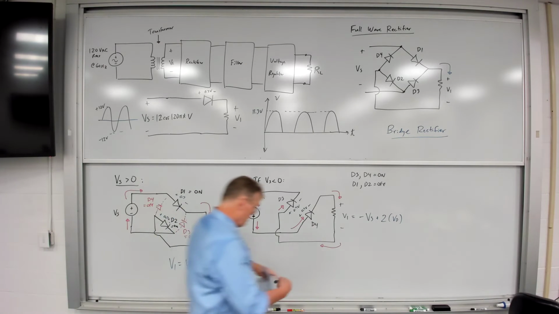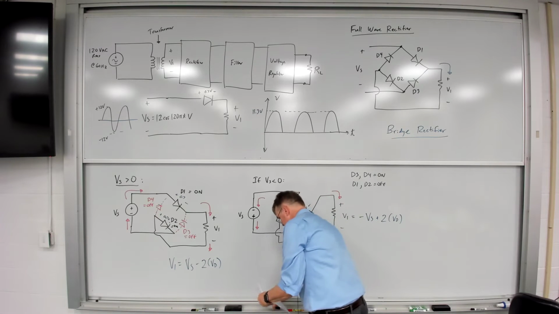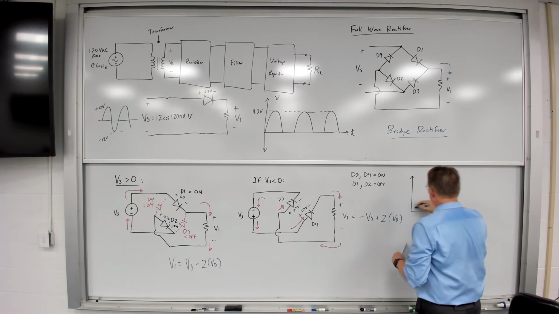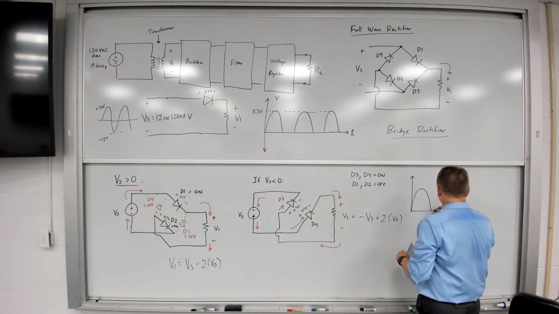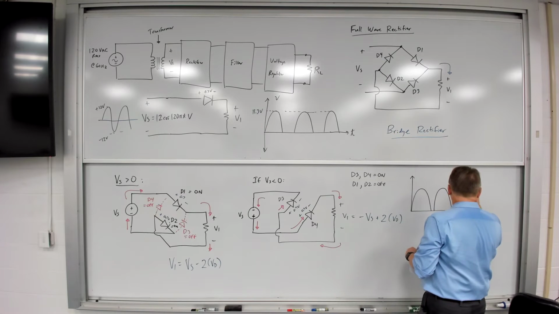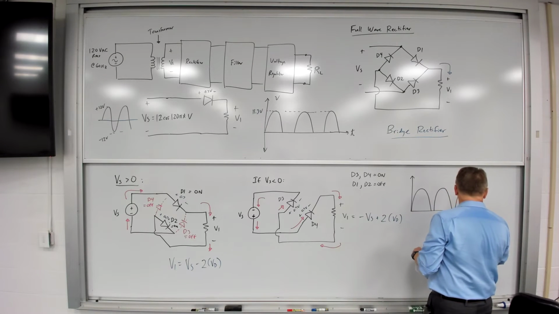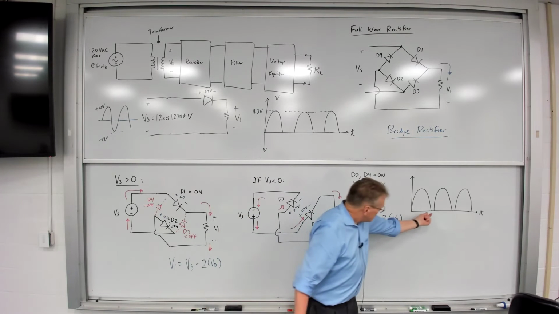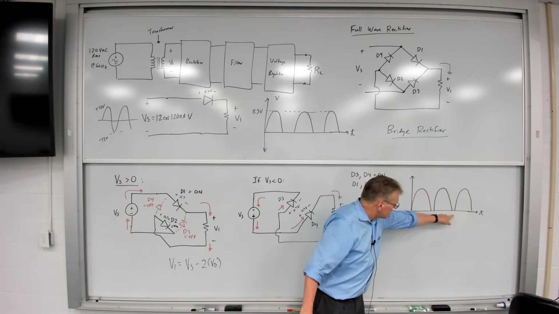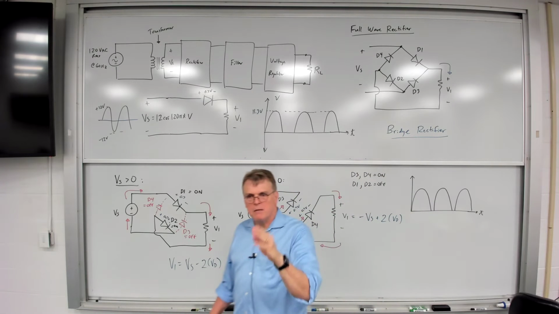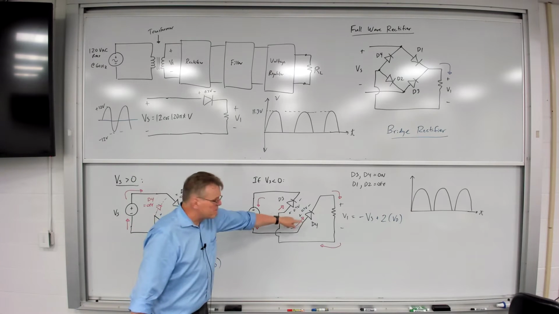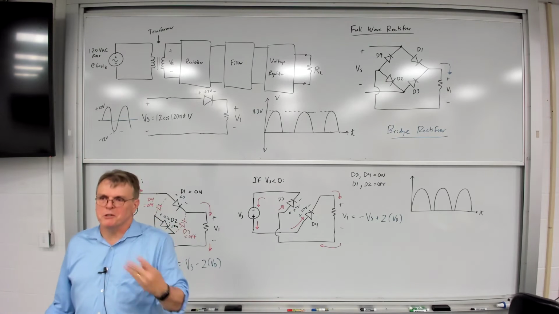What I have now is something that looks like this. Now I'm capturing both halves of the waveform, but notice it doesn't quite touch. There's a little dead zone in between those peaks because obviously in order for this circuit to work, Vs has to be greater in magnitude than 2 diode drops in order to turn them both on.